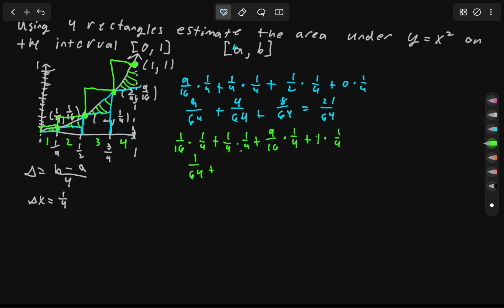So now we get 1/64 plus 4/64 plus 9/64 plus 16/64. Sorry, this should be 16/64. I apologize. Now we just have to add up the totals here.